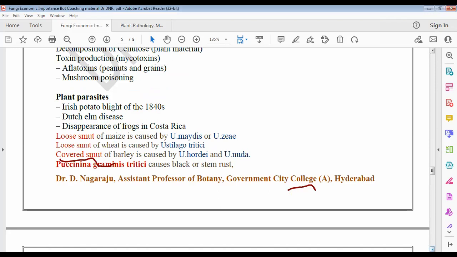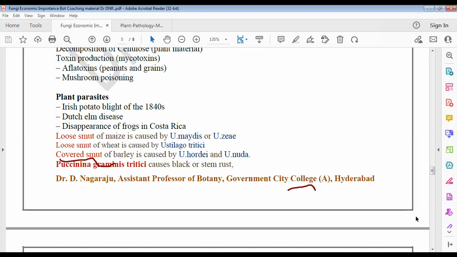And the loose smut of maize is caused by Ustilago. I already told you, rust disease is caused by Uredinales fungi. Smut disease is caused by Ustilaginales.